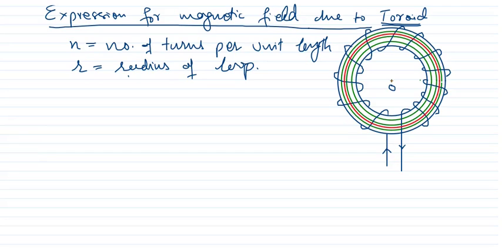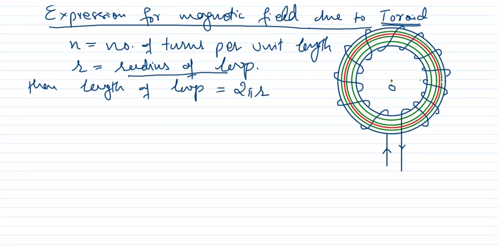If R is the radius of the loop, what will be the length of the loop? It will be equal to the circumference, that is 2 pi R. Is it clear?